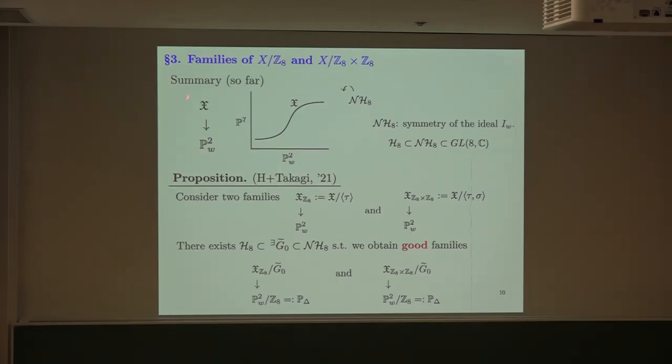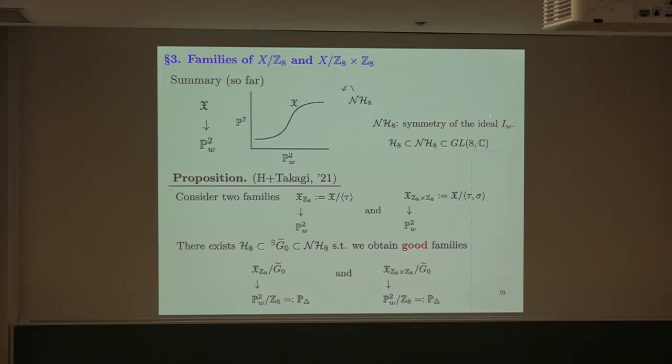Then we have this family, and then take the fiber direction, take the Z8 quotient generated by tau, and the Z8 plus Z8 quotient in the fiber direction, around sigma, which gives us from this picture two families over P2.